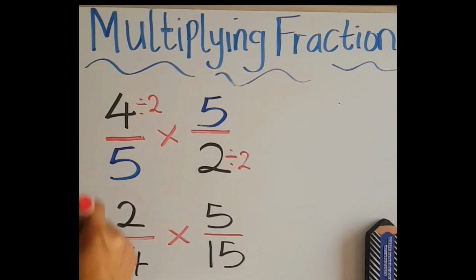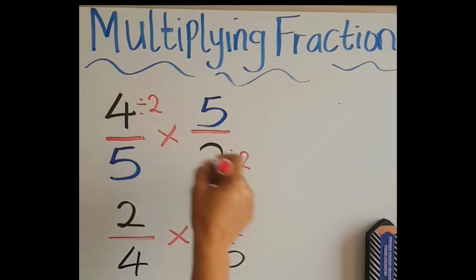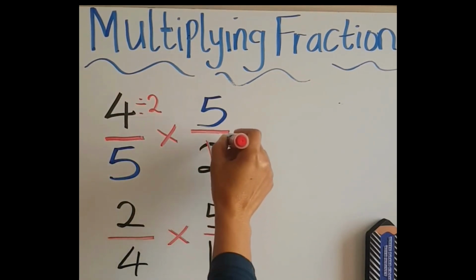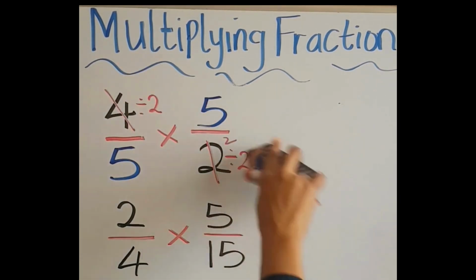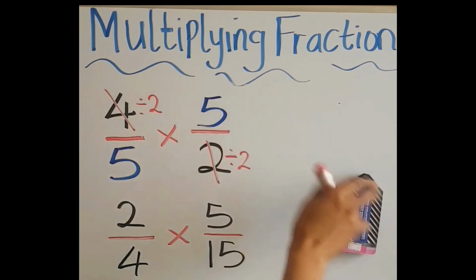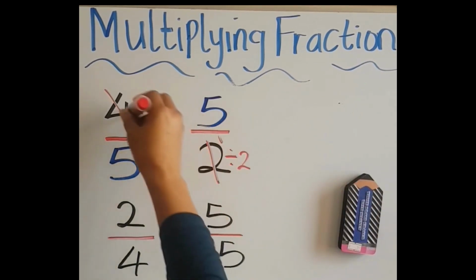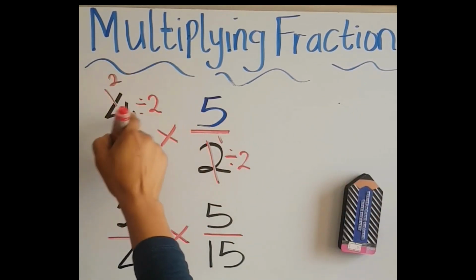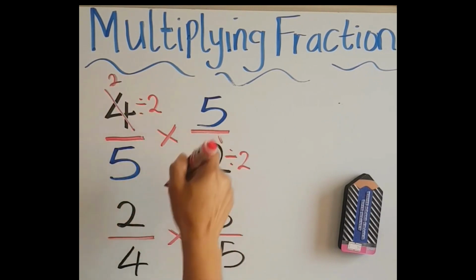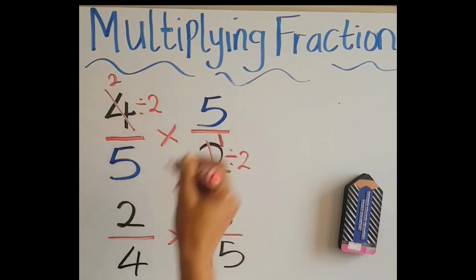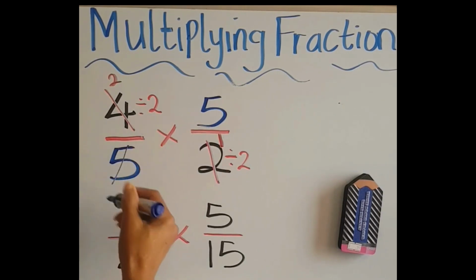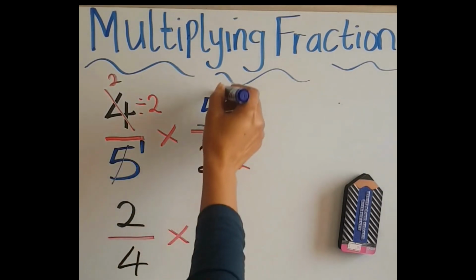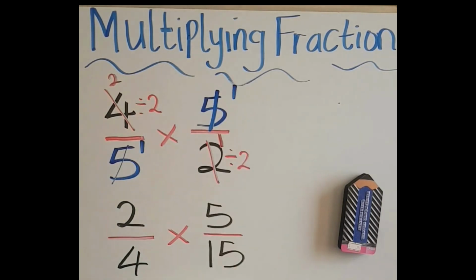So let's do it. 4 divided by 2 is 2, 2 divided by 2 is 1. And here, 5 divided by 5 will give us 1.